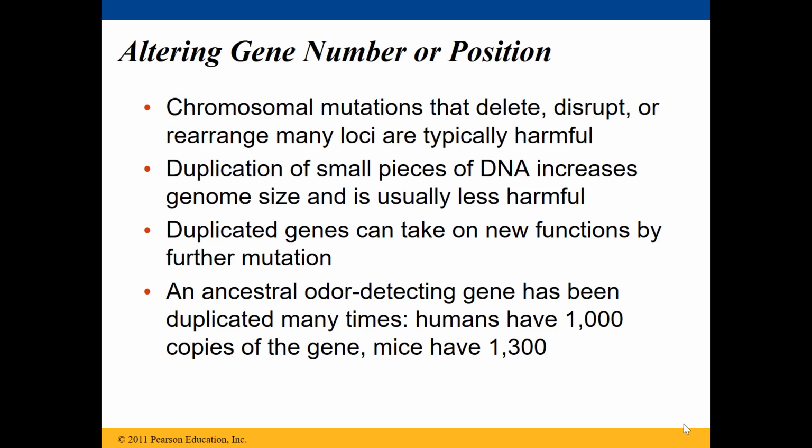Another thing you need to be able to do is to describe that what you may be looking at here is what's called a cline. A cline is variation within a population or between populations that correlates with environmental differences.